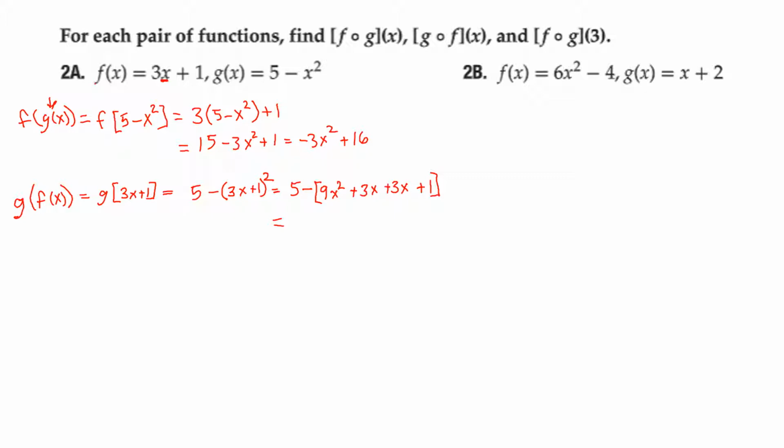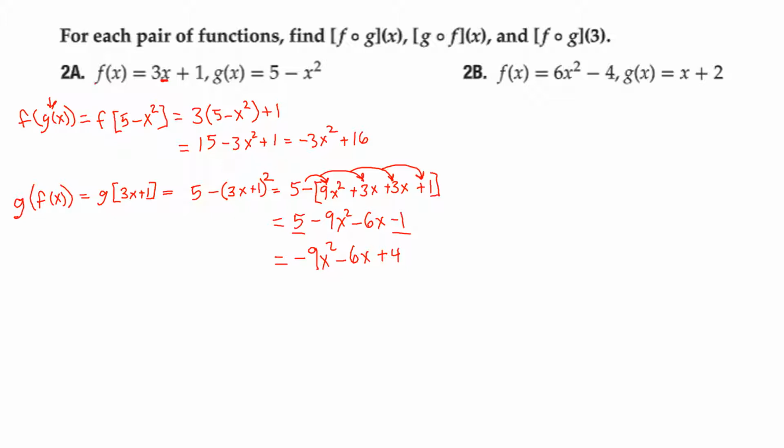Simplifying this, and I'm going to distribute the negative now. It goes to every single term. I will get 5 minus 9x squared minus 6x minus 1. So we get negative 9x squared minus 6x, and then this 5 and 1 can go together to give me plus 4.